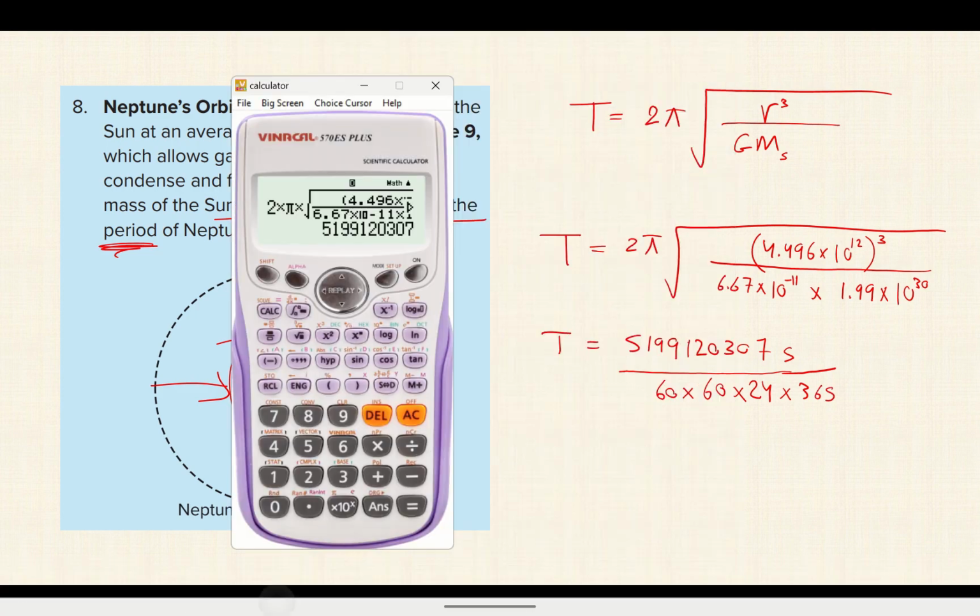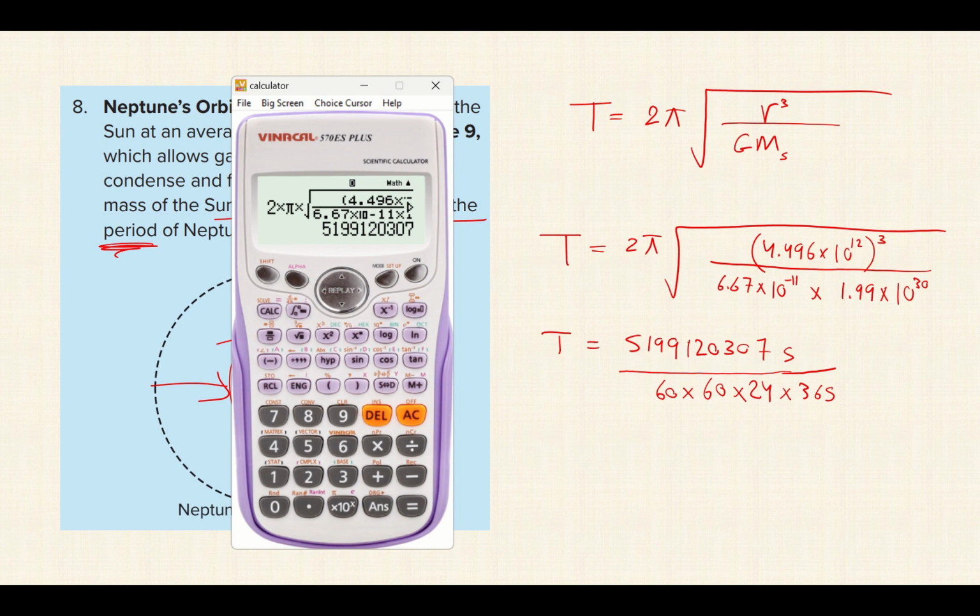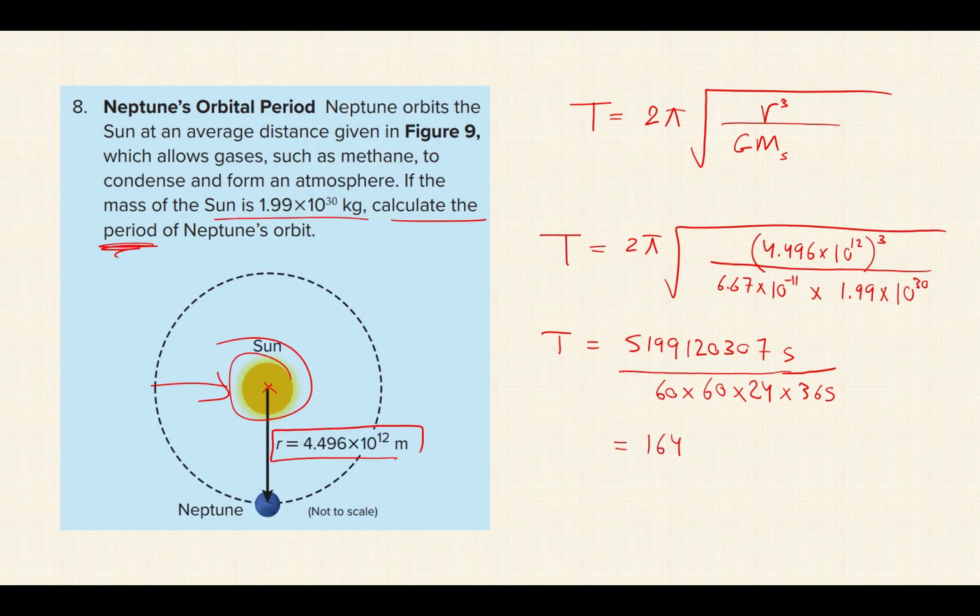But if you want to convert that number from seconds into years, divide by 60 times 24 hours times 365 days, that's going to give you 164 years, point something, 0.8.